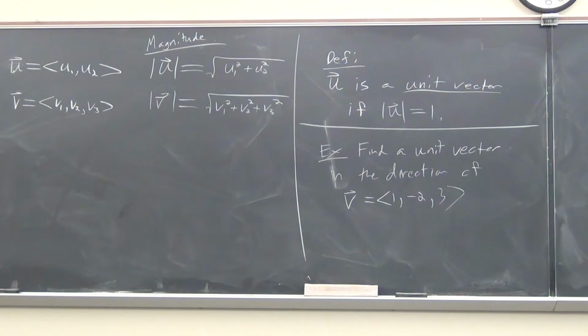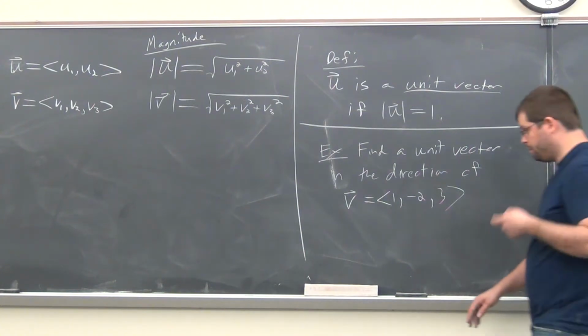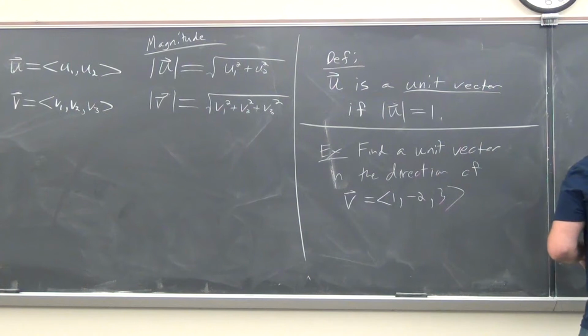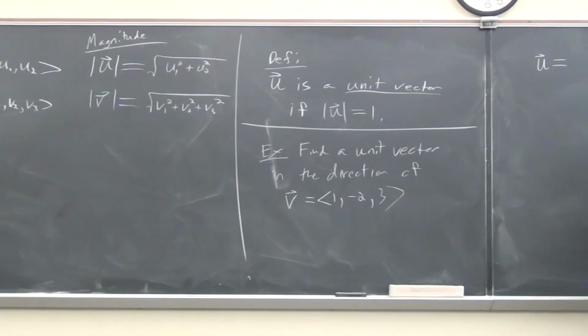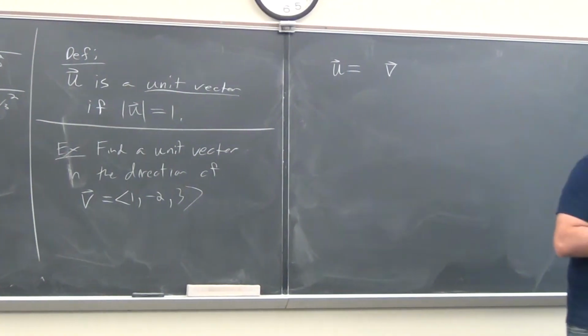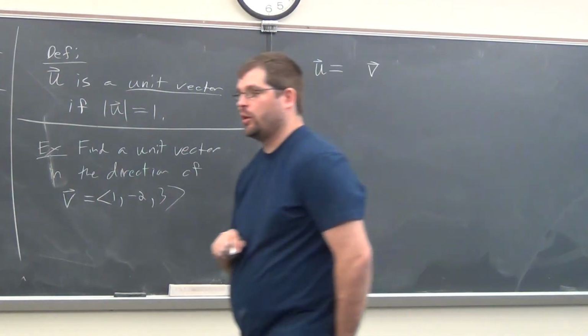I want a vector of length 1 that's pointing in that exact same direction. Okay. So, how do I do that?